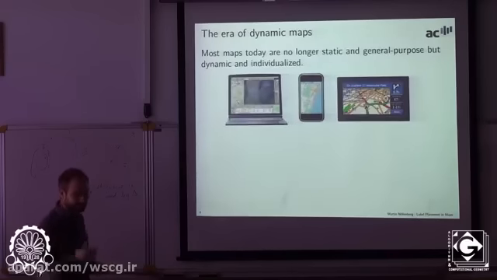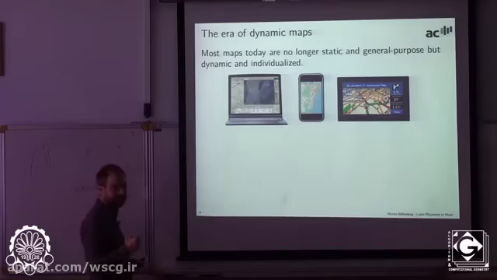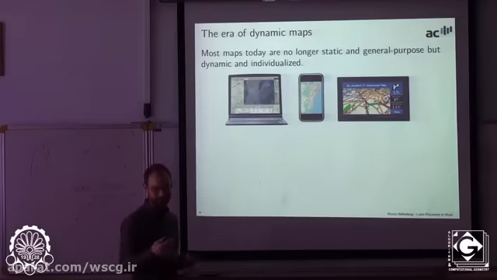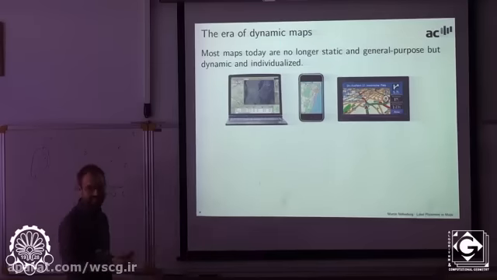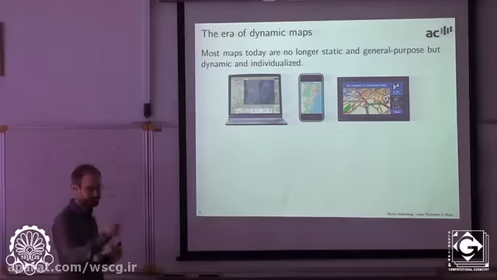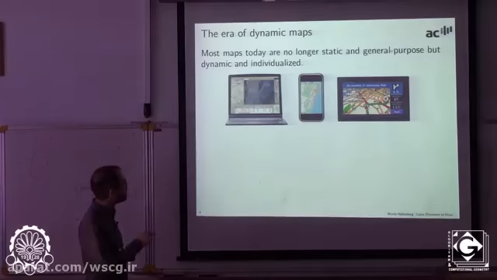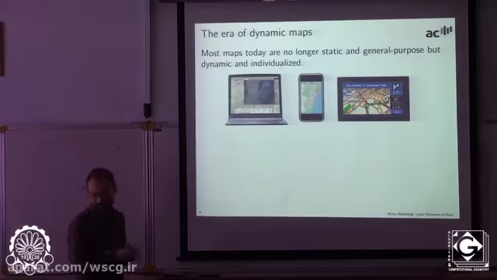And then if you think of maps today, probably few of you would think of paper maps or atlases, but many think of the smartphone and the maps that you have there for finding your way in Tehran, or for ordering a taxi, or things like this. So if you think of maps today, they are usually, or many of them are, on digital devices.